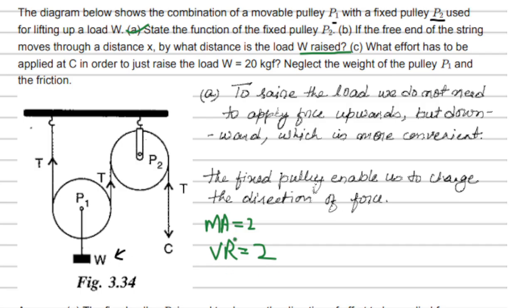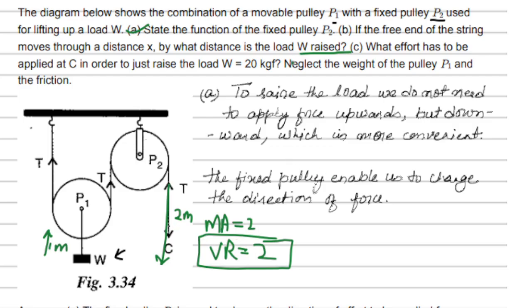Now velocity ratio 2 means that you have to pull two times the distance here to pull 1 meter here. If this is going 1 meter up, then you have to pull 2 meters. Right? It is going only 1 meter up. But for that, you need to pull by 2 meters. So that is what this intuition from velocity ratio is. So the single movable pulley has the velocity ratio of 2.